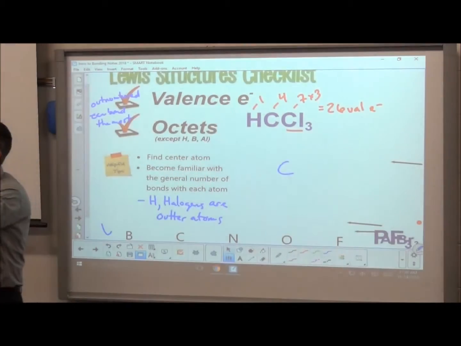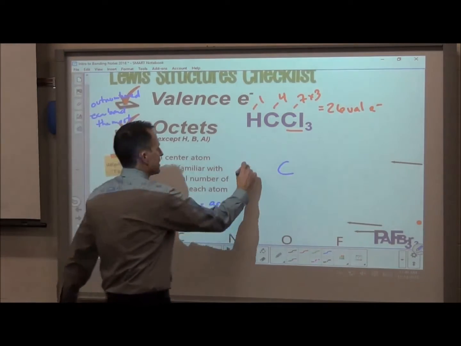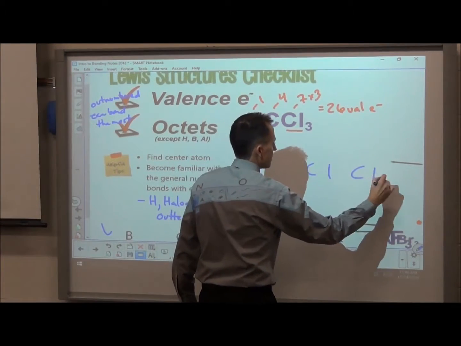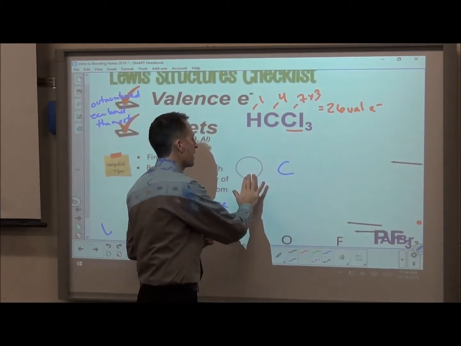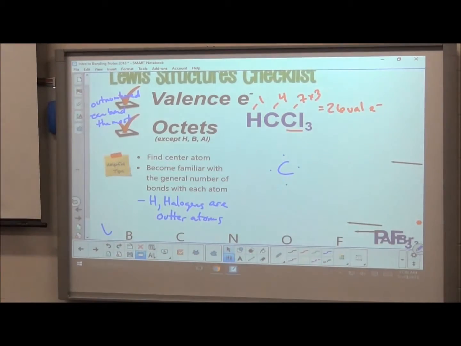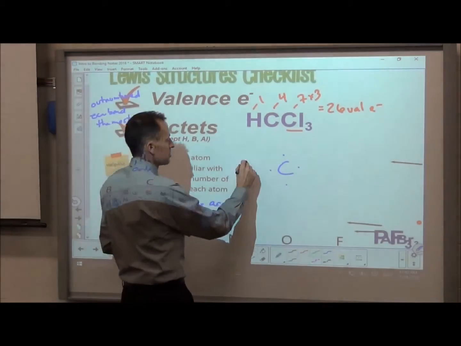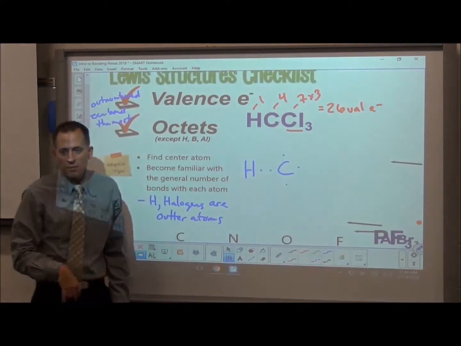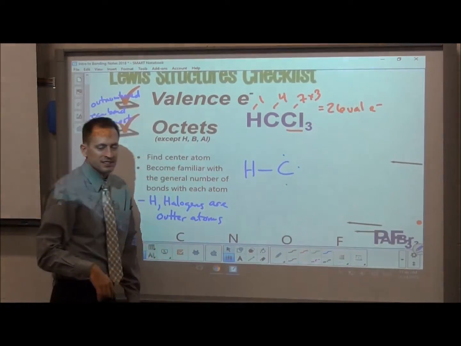Now, how many outer atoms do I have then? 4. It is not this and this and this, all going to the middle. So right away, if you think about your center atom, that's setting up really nicely, isn't it? I have 4 dots that are sitting there. Some of you probably don't need to do the circle, it's probably just going to be a bond.